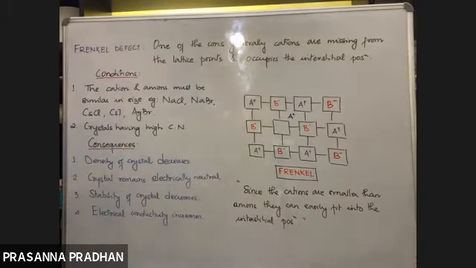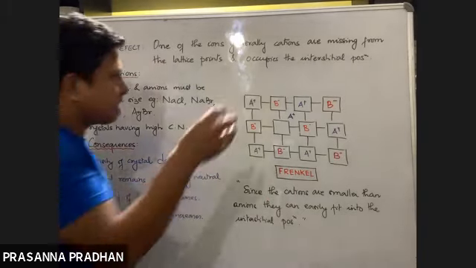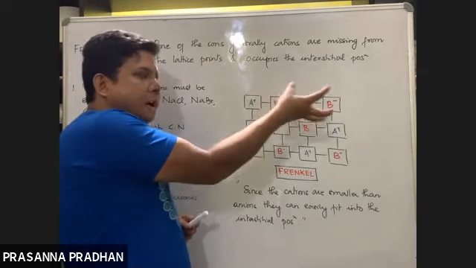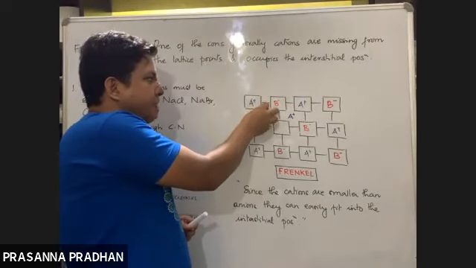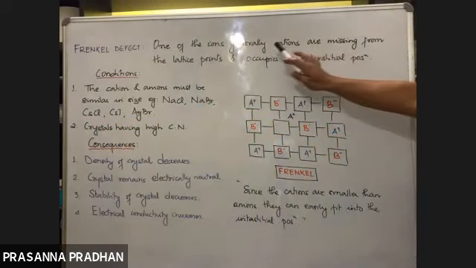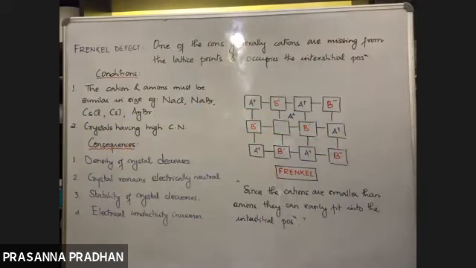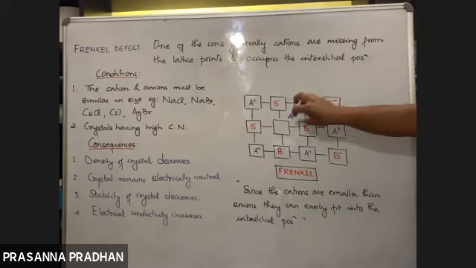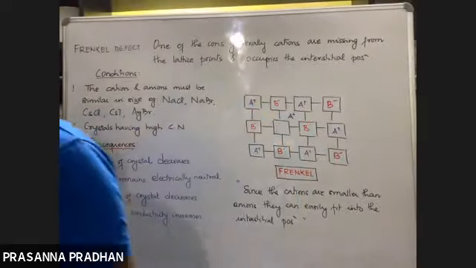Cations are small, so they can easily fit in, but anions are big, so anions will not fit here. So generally cations will be missing from the lattice site. Why did we write generally cations? Because the cations are small in size, so they can easily fit. Is it understood?